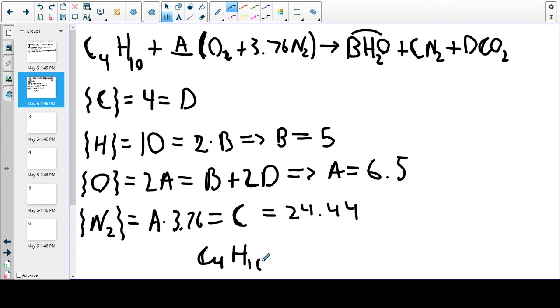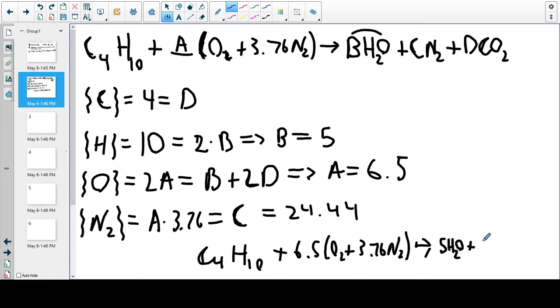So it's C4H10 plus 6.5 O2 plus 3.76 N2, and this is going over, and we have B, which is 5 H2O plus 24.4 N2 plus 4 CO2.